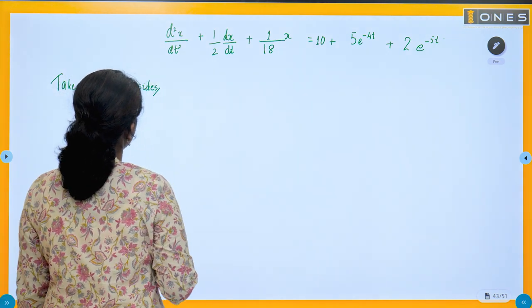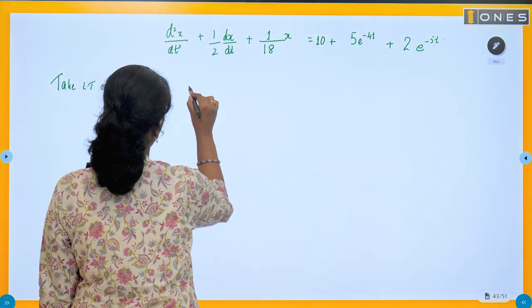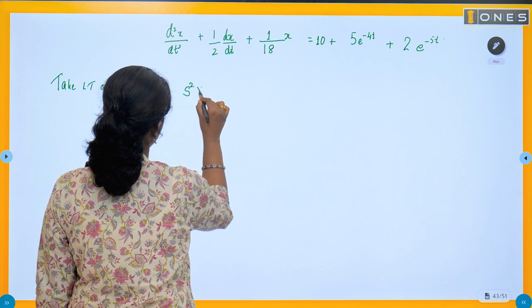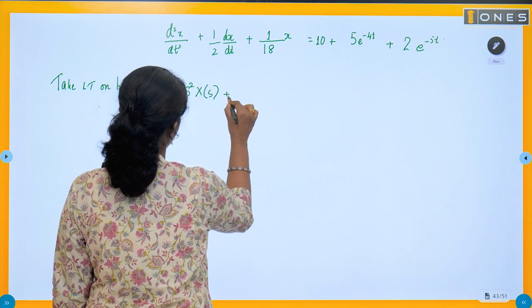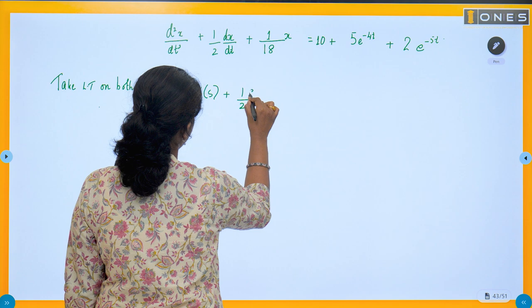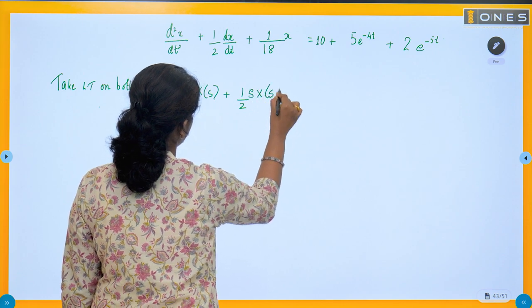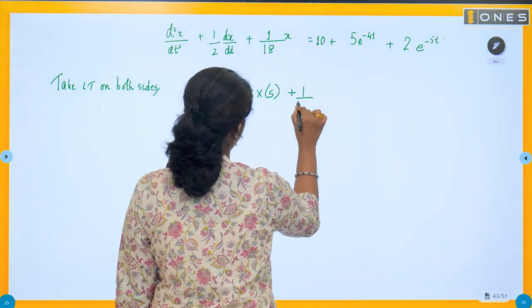Okay, so we have s square X of s plus 1 by 2 s X of s plus 1 by 18 X of s.